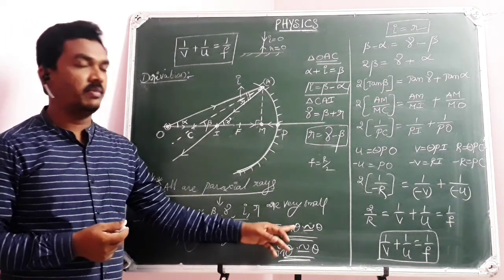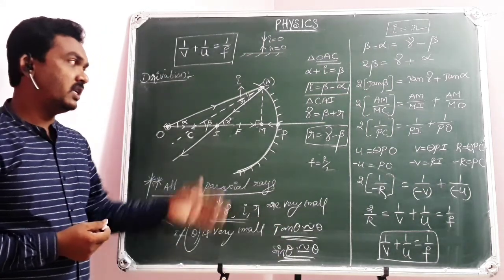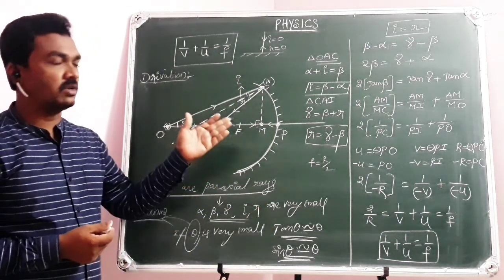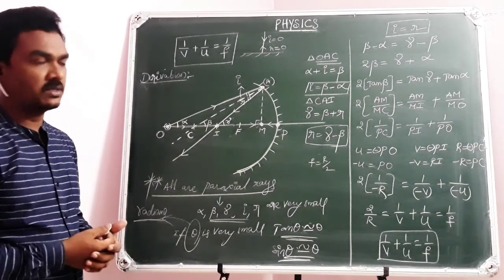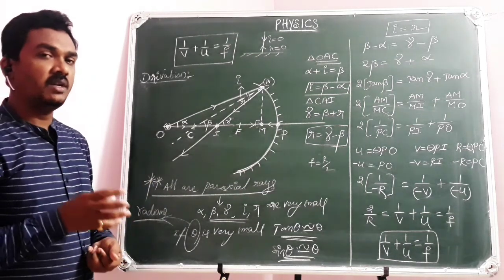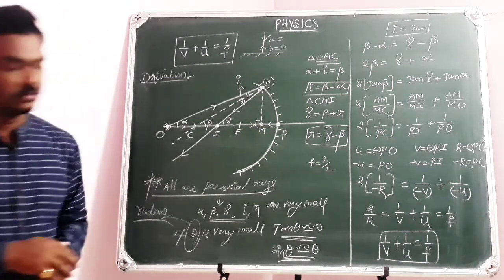In that case tan theta can be approximated to theta, and sin theta can be approximated to theta. As we needed to substitute for tan, we used tan for the angles only, and didn't go for sine as there is no purpose. So this is all the derivation. Now we see the derivation of magnification. Let us see it once, you remember.